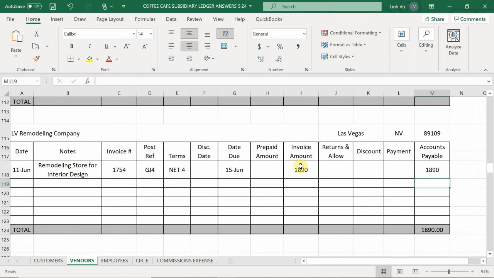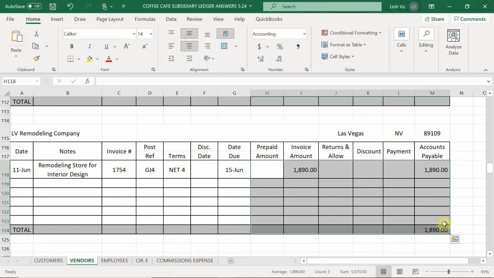So in this case, I owe LV Remodeling $18.90. Down here, I already have an auto sum.